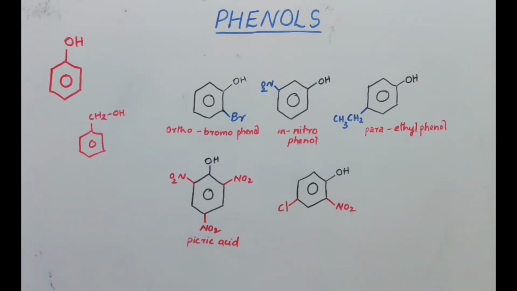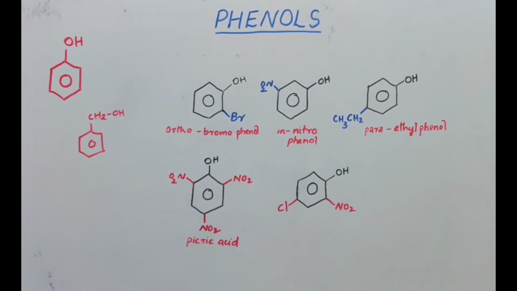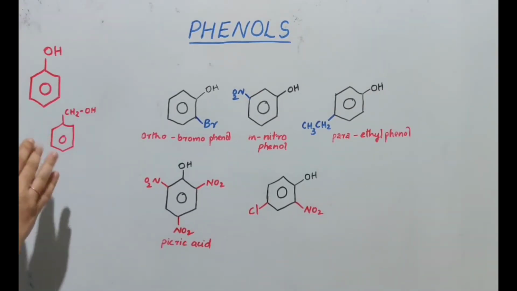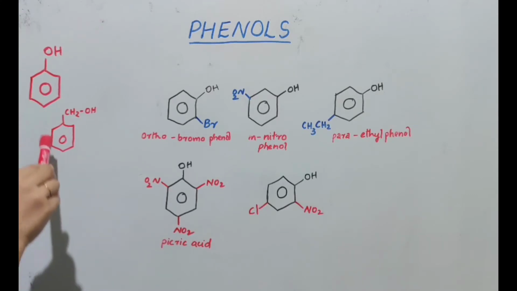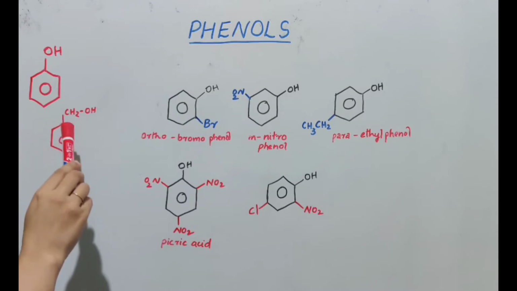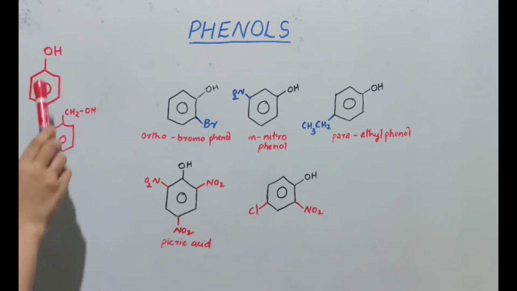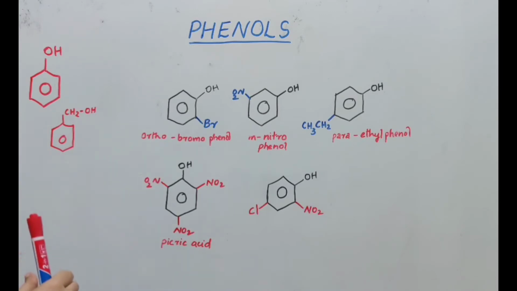So we have generally two types of aromatic compounds, phenols and aromatic alcohols. Both these types possess an aromatic ring and a hydroxyl group, but they differ significantly from each other in their chemical nature.